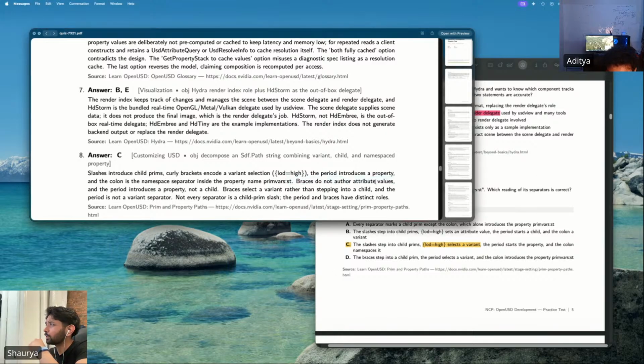Braces do not author attribute values, and period introduces a property, not a child. Braces select a variant rather than stepping into a child, and the period is not a variant separator. Not every separator is a child prim slash. The period and braces have distinct roles.